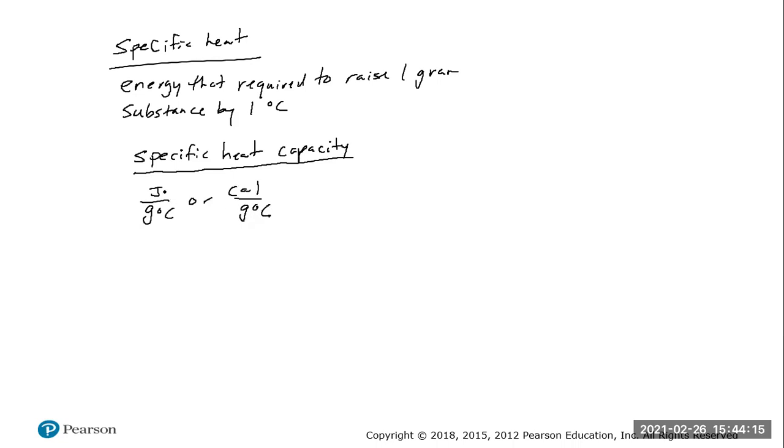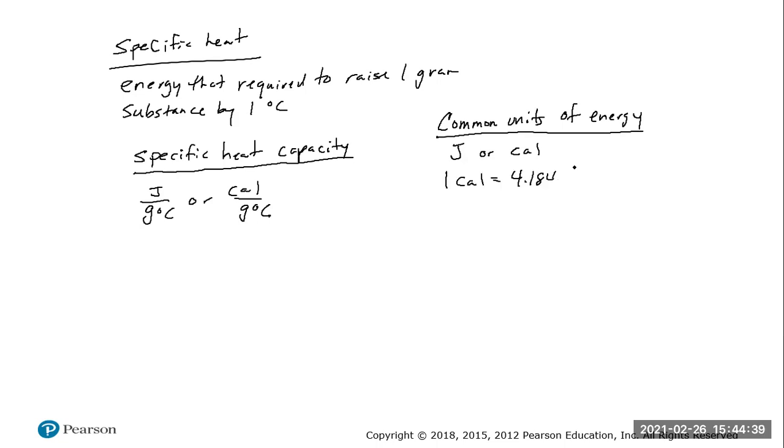A reminder that joules and calories are very common units of energy, and the relationship between them is 1 calorie is 4.184 joules. That's a way you can convert between these two common units of energy.